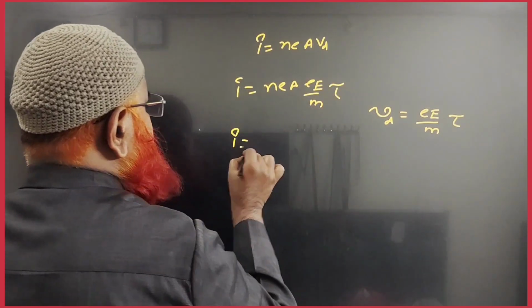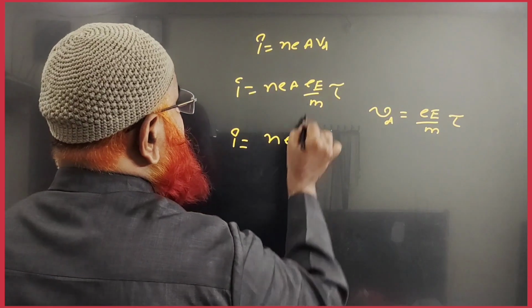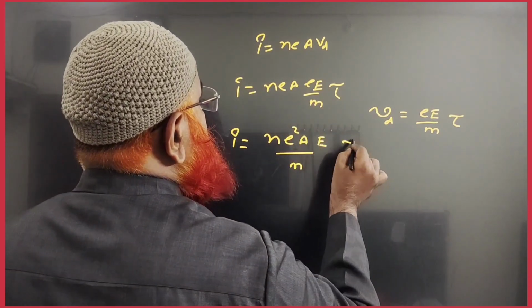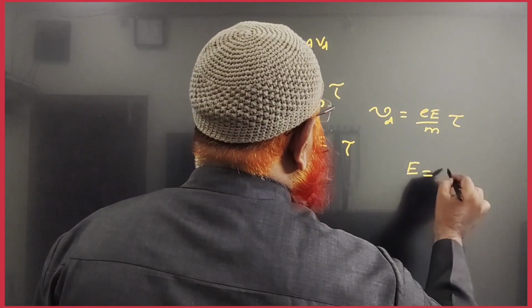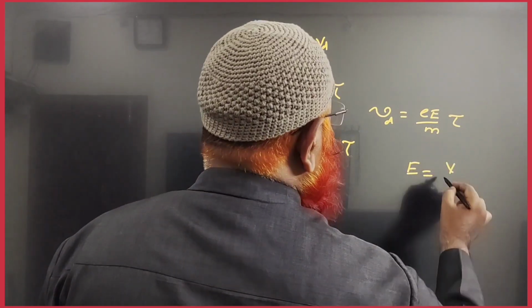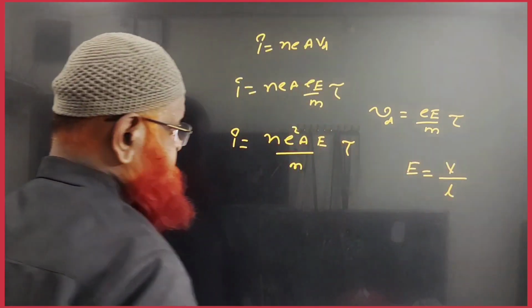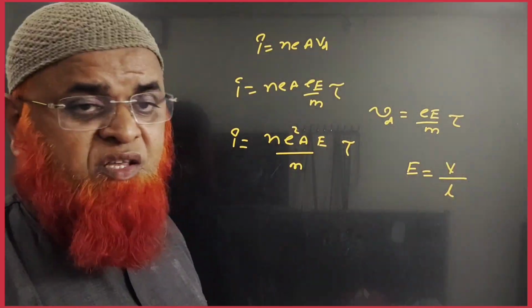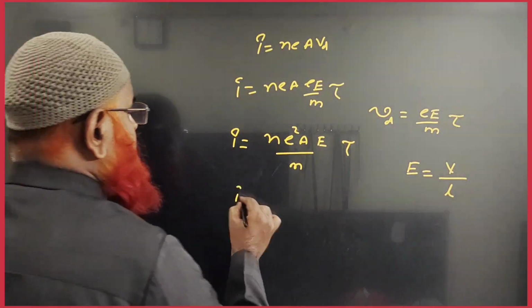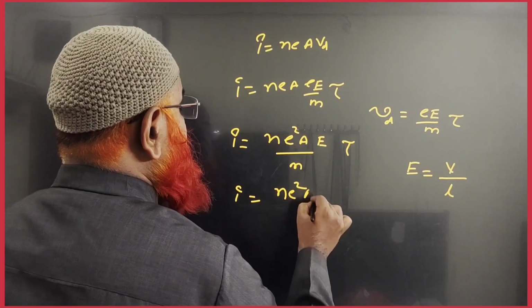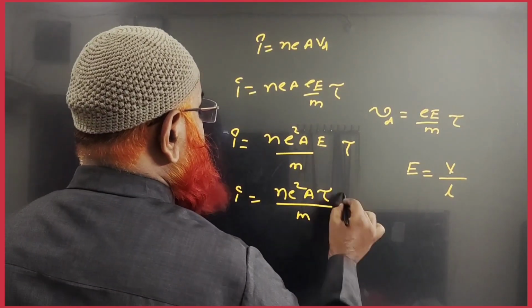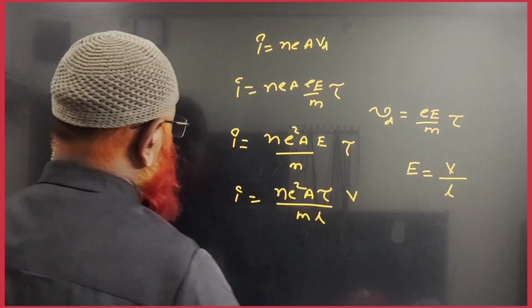Therefore the current formula is N E square A E by M into tau. You should know that electric field intensity is nothing but electric potential divided by length L. Then if you substitute here, you will be getting N E square A tau by M. Instead of E, we will write V by L.